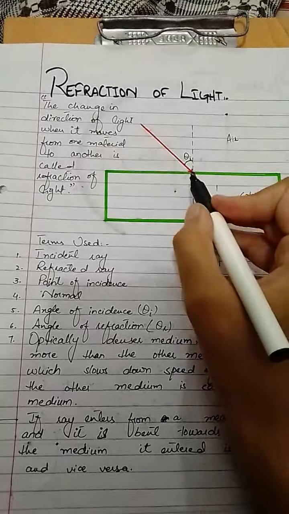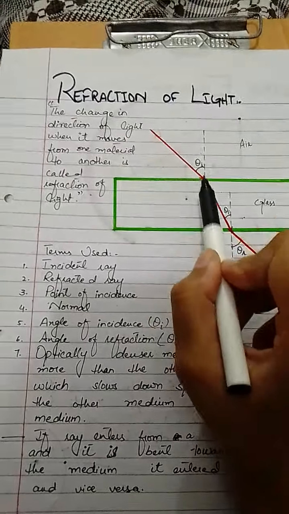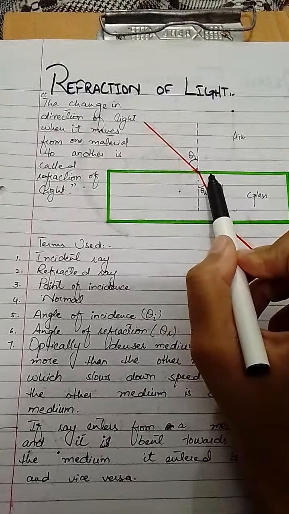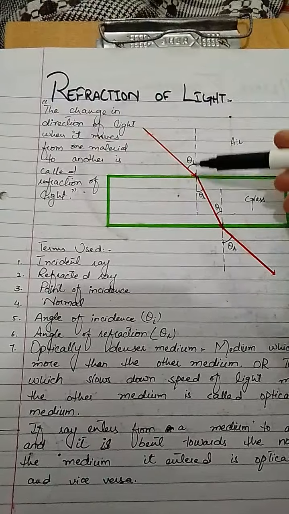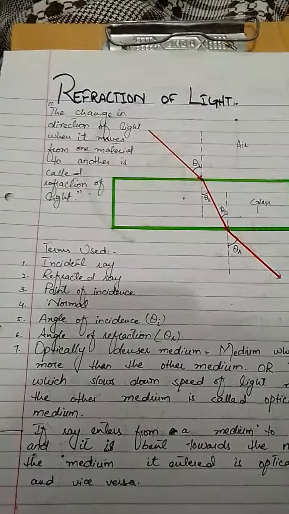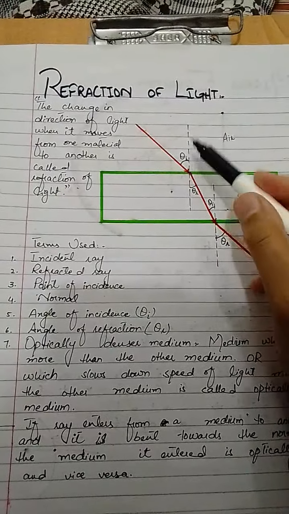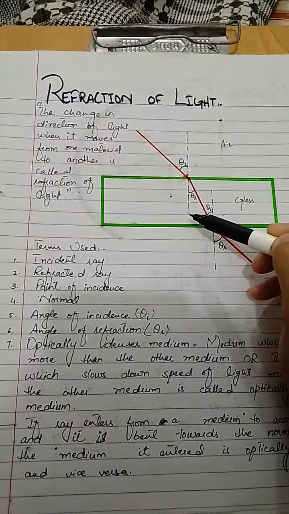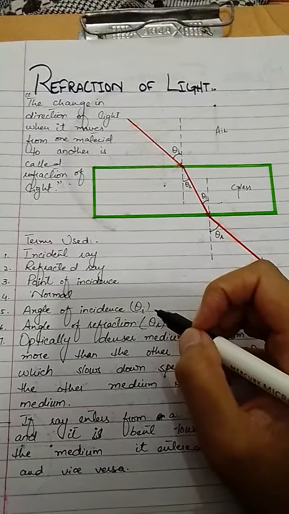So the normal is the perpendicular drawn on the surface of this glass. In this case, this is the normal, drawn just as we did in the case of reflection of light, and we extend it back into the other medium as well. Fifth one is angle of incidence.